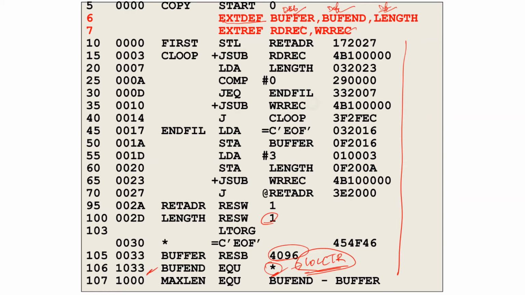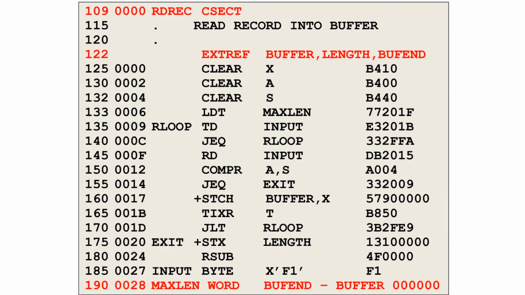External reference means it will be used here. Read record and write record will be used here but defined somewhere else. You can see plus JSUB write record, plus JSUB read record, but there is no definition for read record or write record here. Now the next control section has external references buffer, length, bufferend.